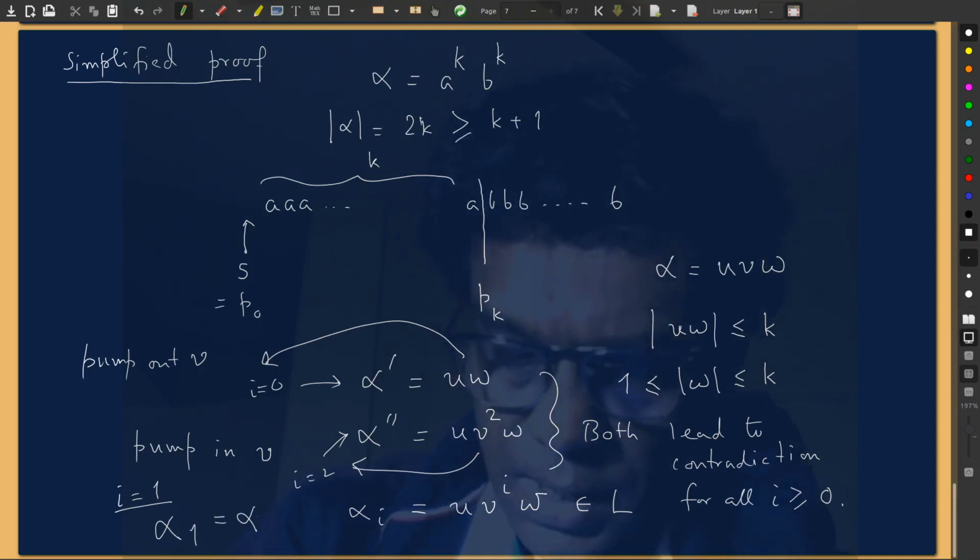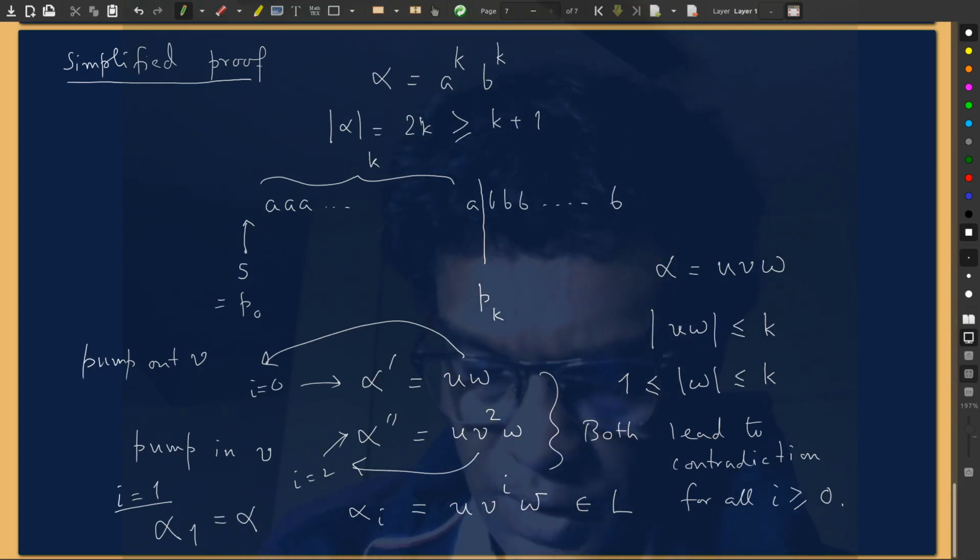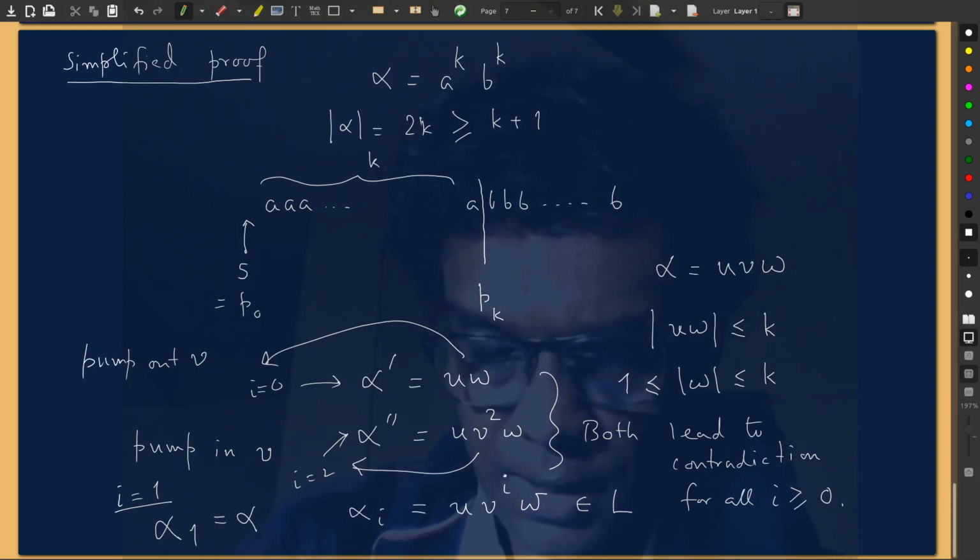In particular, you can pump this V as many times as you want. You can pump out only once because there is only one occurrence of V, but you can pump in as many times as you want. And still, the machine is going to accept that string alpha i for all i greater than or equal to 0. So for some i, you are going to arrive at a contradiction.